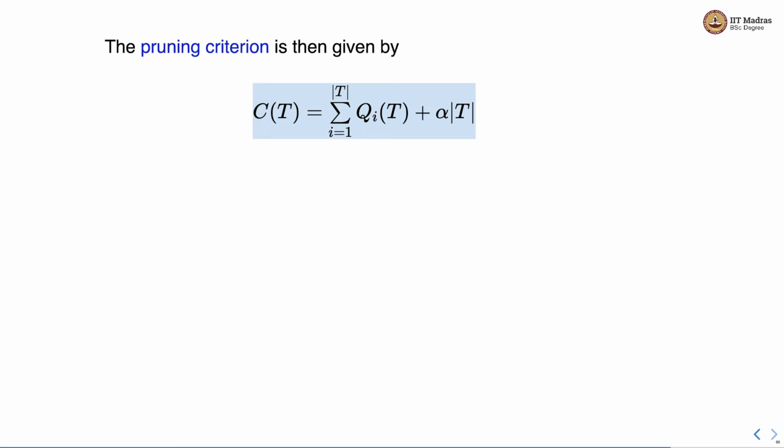The pruning criteria is then given by C(T) equal to the sum over all regions in the tree of Qi(T), plus alpha times the total number of regions in the tree.